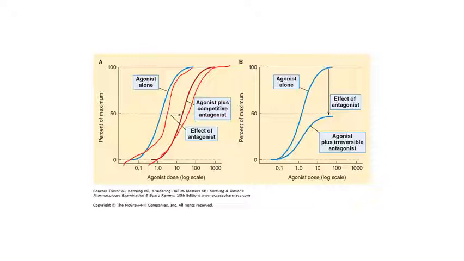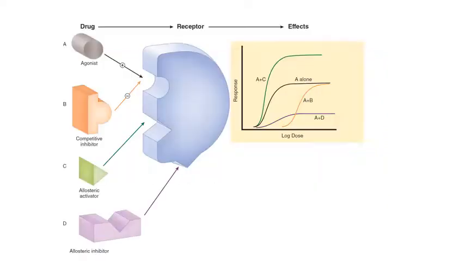So we do need to increase the dose to produce the same effect, but we can get the maximum response as well. In the case of agonist alone, but in the presence of irreversible antagonist, we cannot achieve the highest response from the agonist itself, because the number of receptors available for binding is decreased due to being occupied by the irreversible antagonist.